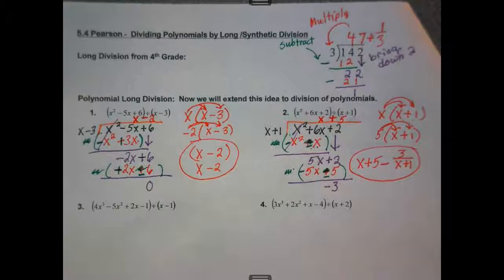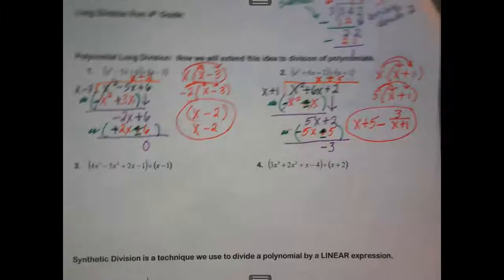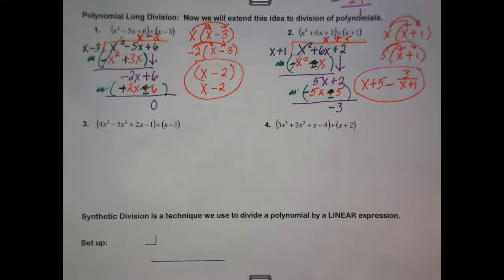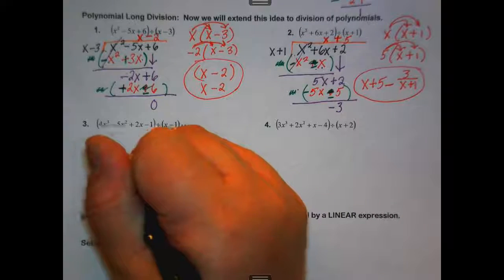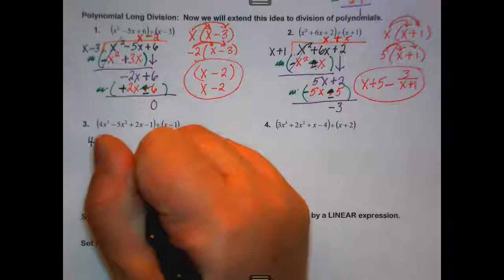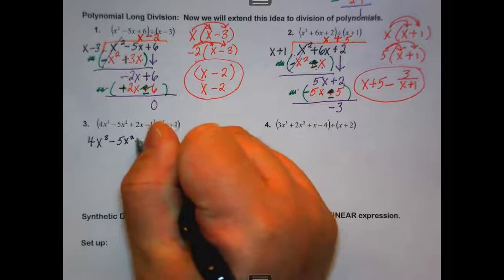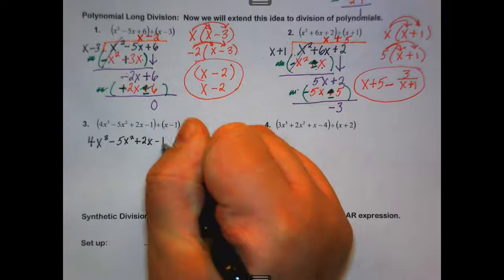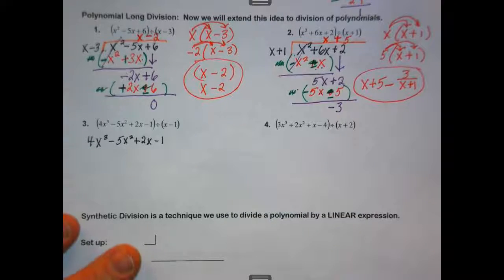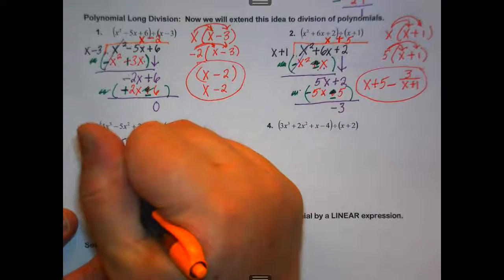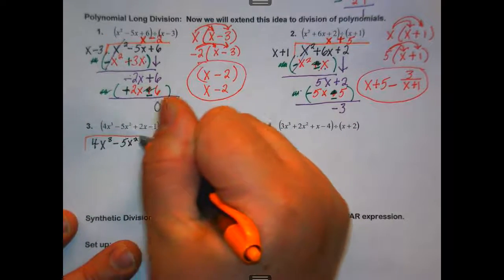All right, number 3. Okay, my polynomial here: 4x cubed minus 5x squared plus 2x minus 1. Actually, I think this is an old worksheet, because I really believe you learn long division in 3rd grade now.